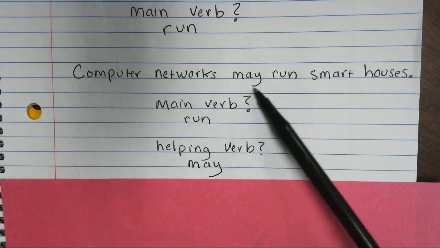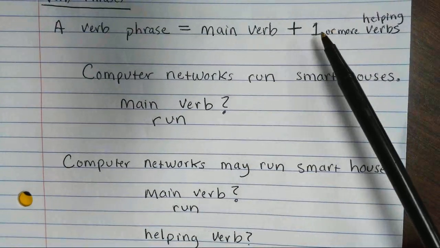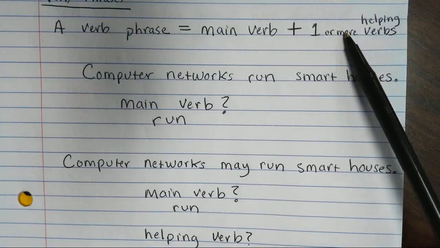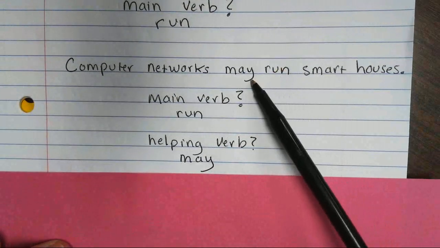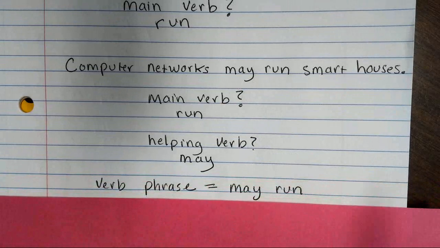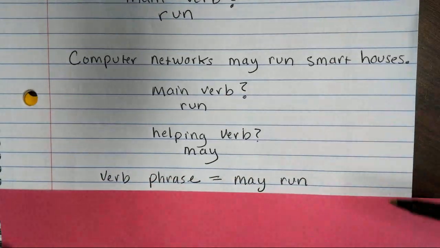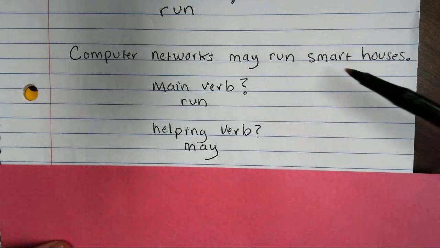Here we only have one helping verb, but remember, if you go back up here, it says one or more helping verbs. So yeah, we only have one right here, right? But if we look at the upcoming sentences, we'll see that there's more than one.